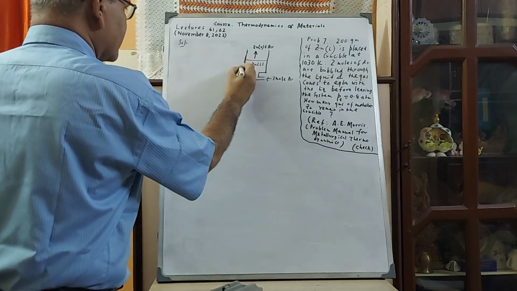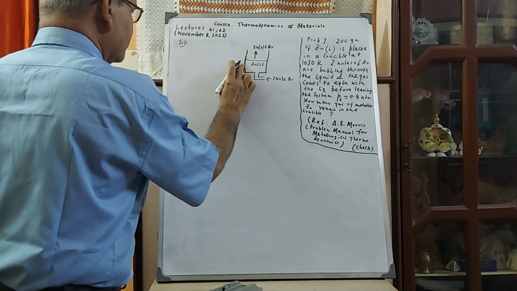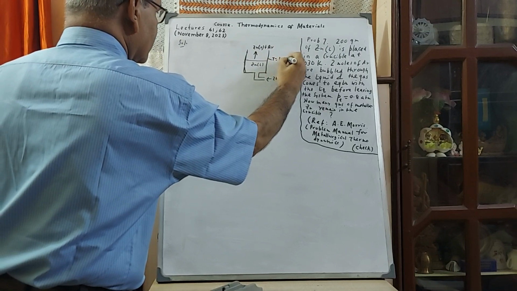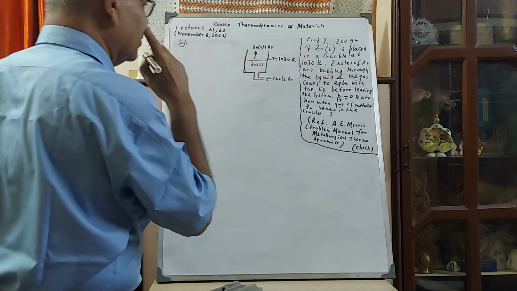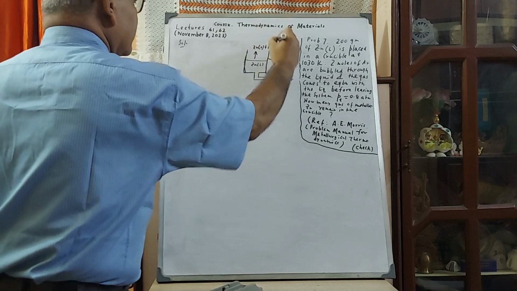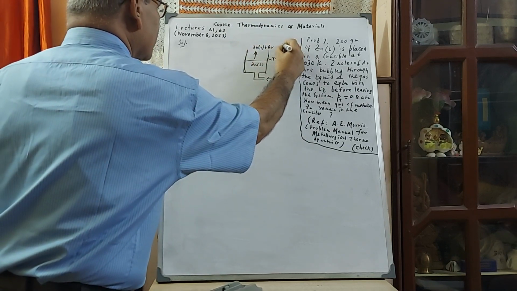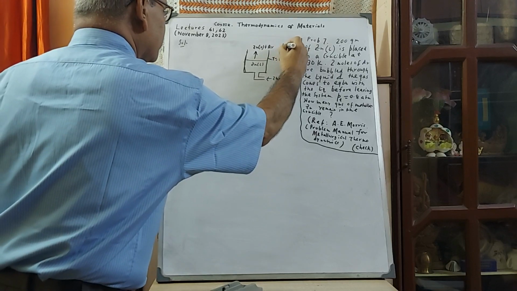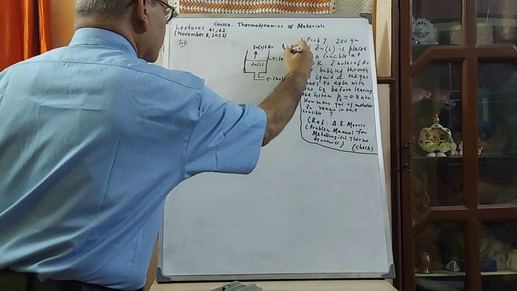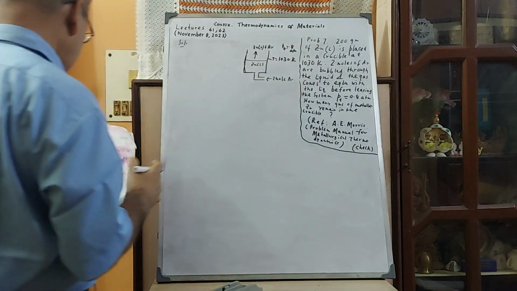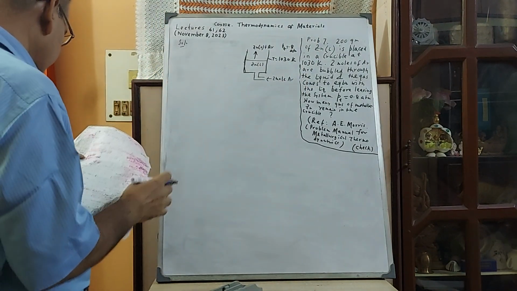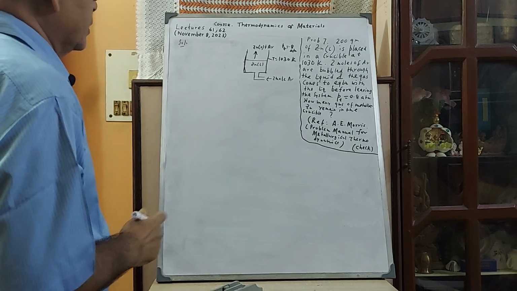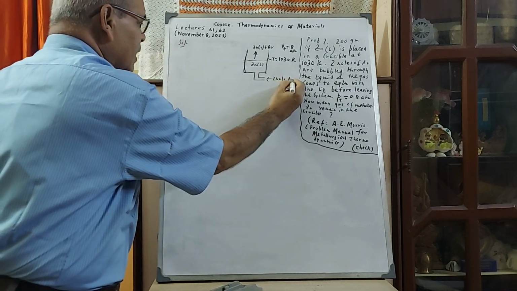The temperature is 1030 K, and P total is 0.8 atmosphere. It is given, so I don't have to repeat this. Start: follow this, what happens?